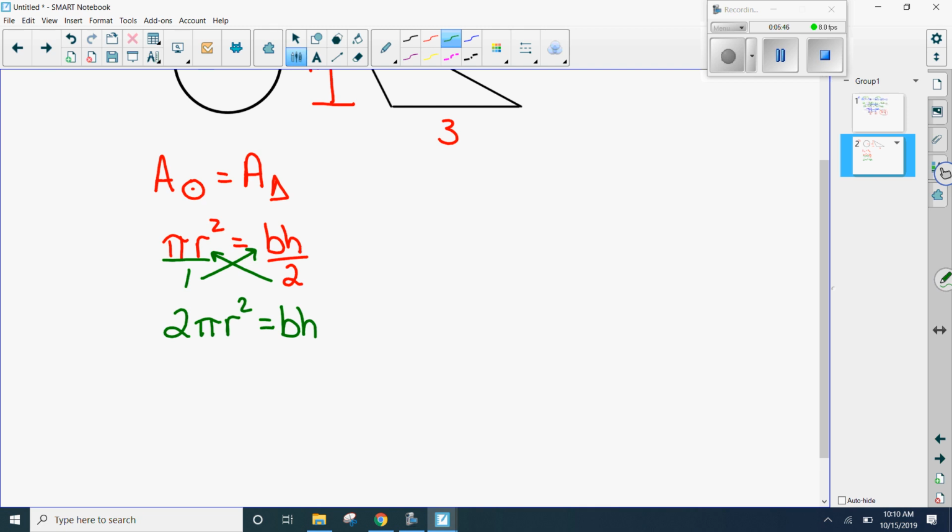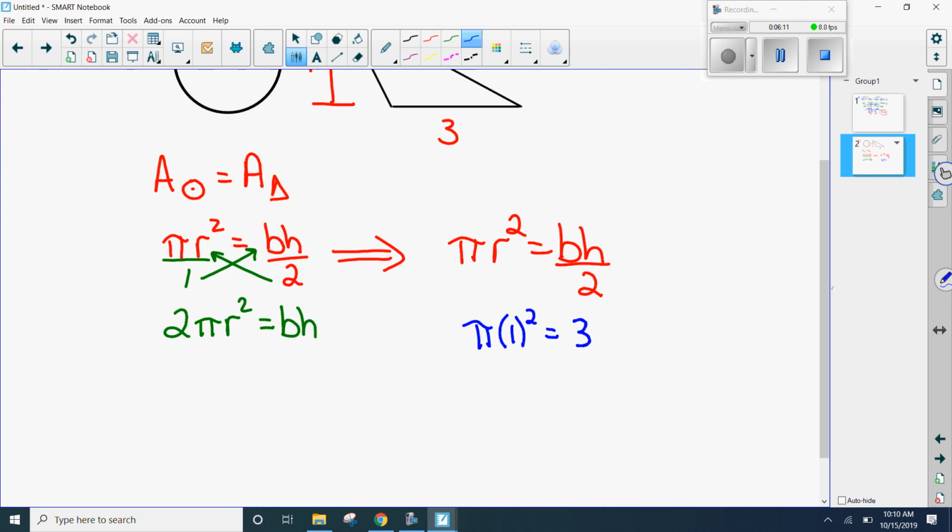Now, you don't have to do that and put your numbers in there, but it gets rid of fractions for you. What you could do is you could just go ahead and take this right here and say pi r squared equals base times height divided by 2. So you're going to have pi, your radius is 1 squared, equals the base, which is 3, times the height divided by 2.